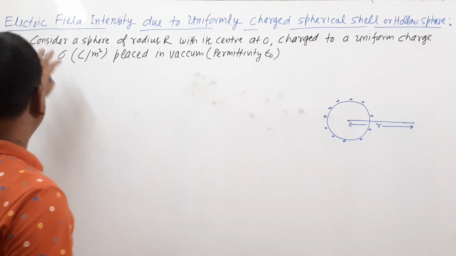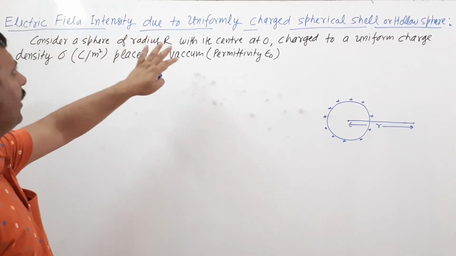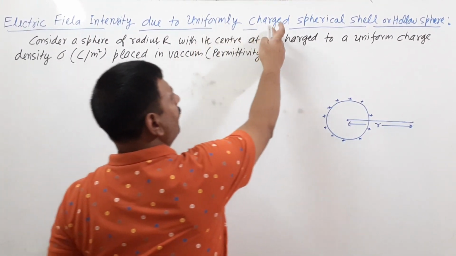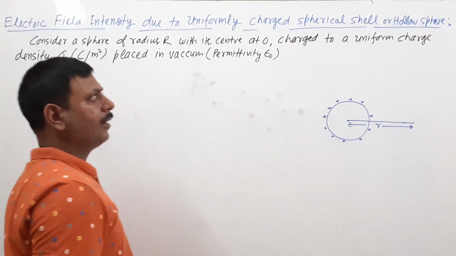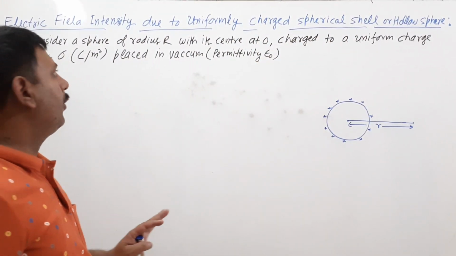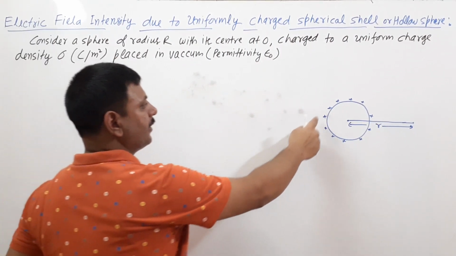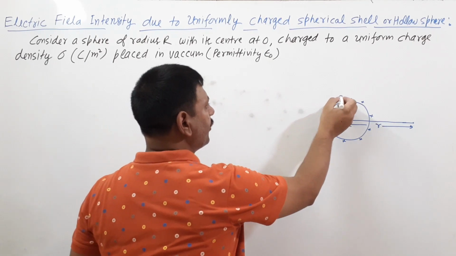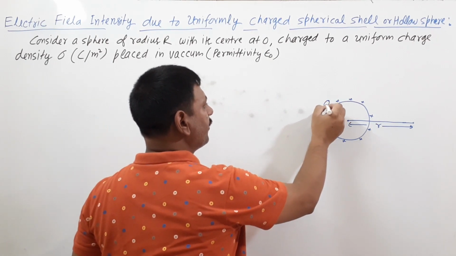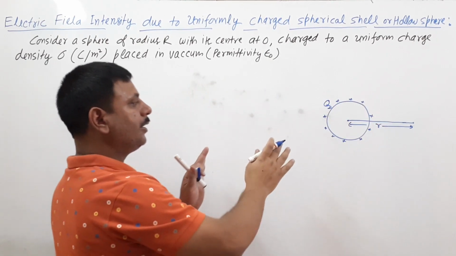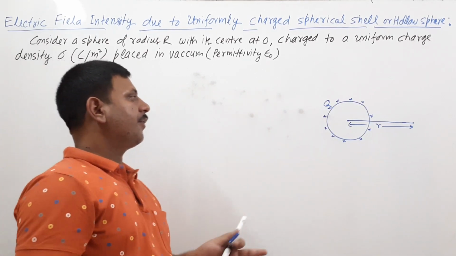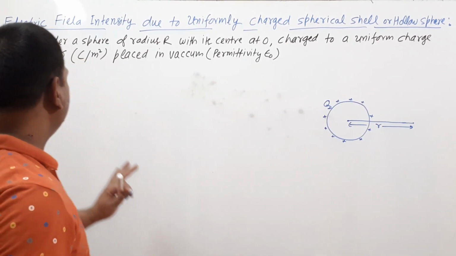See here, we are going to calculate electric field intensity due to a uniformly charged spherical shell or a hollow sphere. This is the hollow sphere. Here charge Q is given, that will be distributed upon the surface of this hollow sphere.